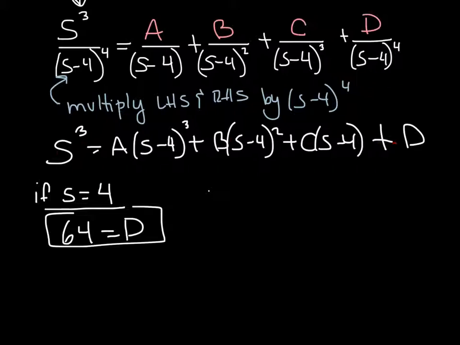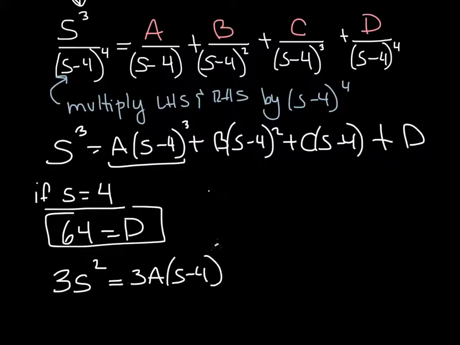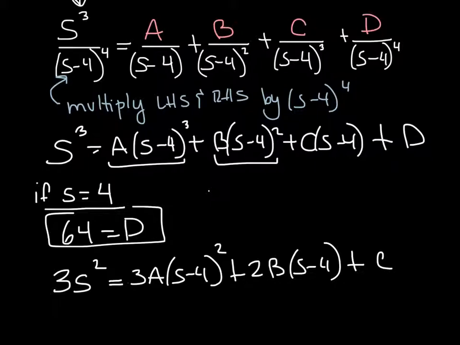If we differentiate, we get 3s squared equals, bringing down the power rule, 3A times (s minus 4) squared plus 2B times (s minus 4) plus C, and then that's just 0.